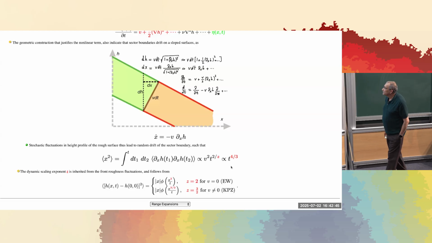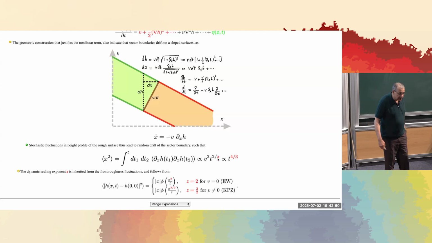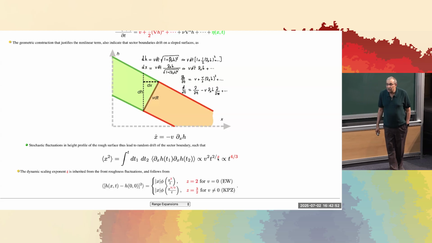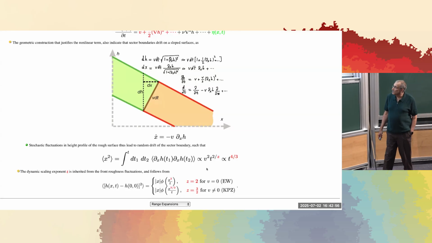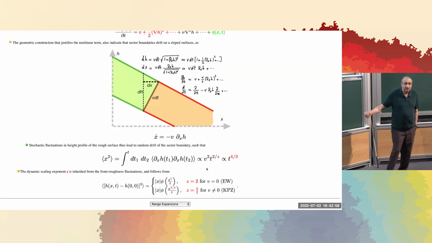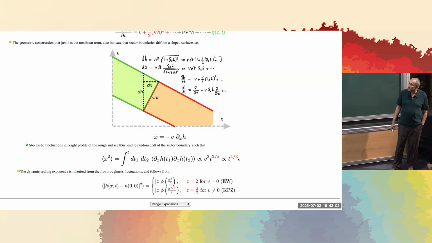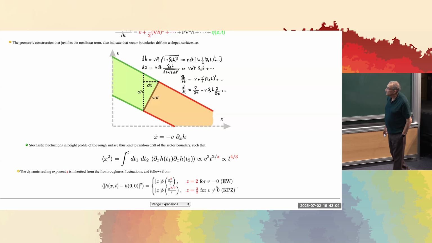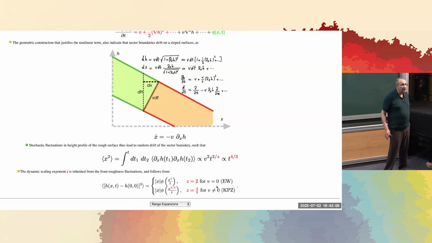And so since the height fluctuations and the dynamics were governed not by a diffusive exponent z, which would have been 2 and would have given us the usual x squared goes like t, but by z of 3/2, we get this super diffusive scaling that was also observed in the experiments. Any questions?